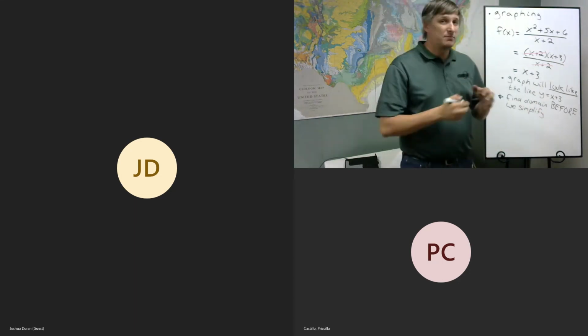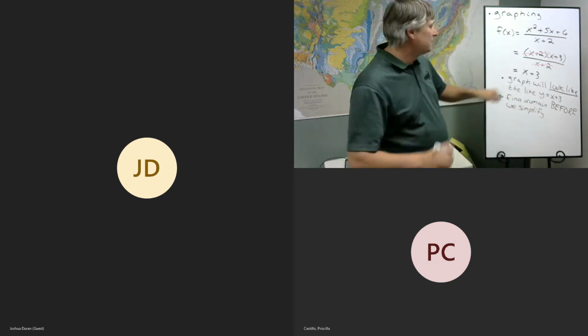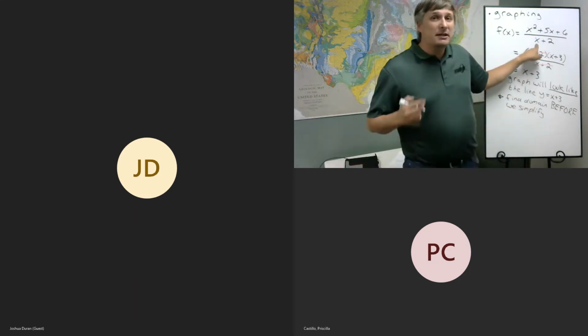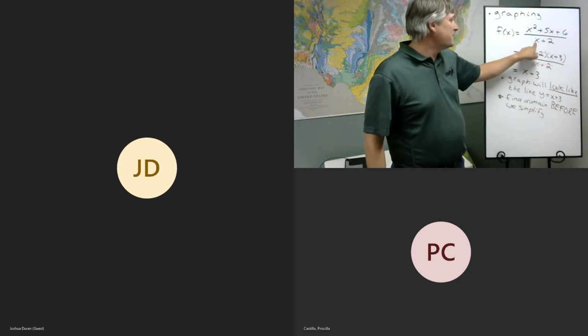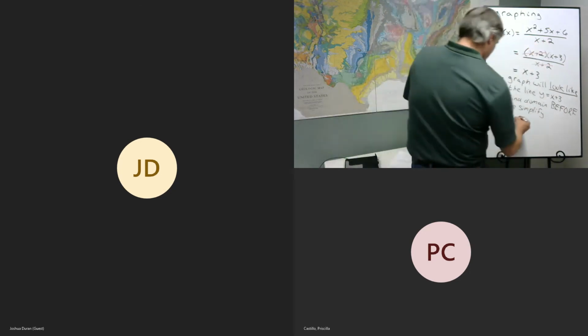So we want to determine the domain before we simplify. And what we're going to find is this. The domain cannot include -2 because -2 plus 2 is going to be 0.